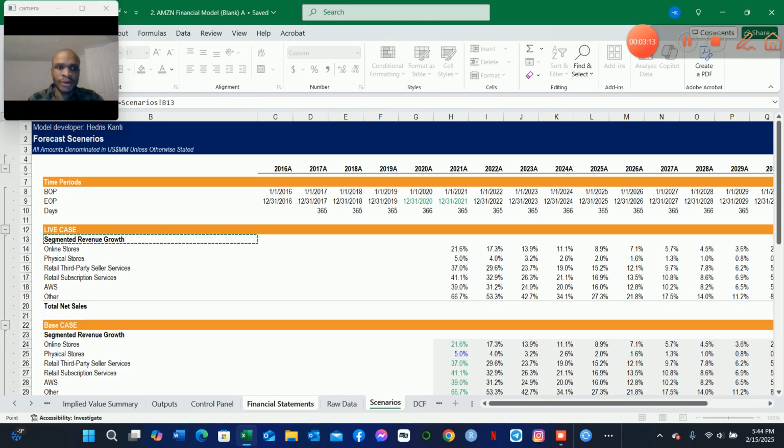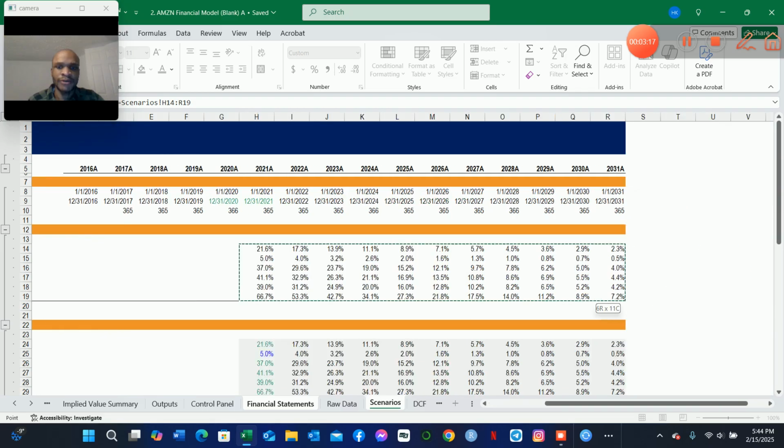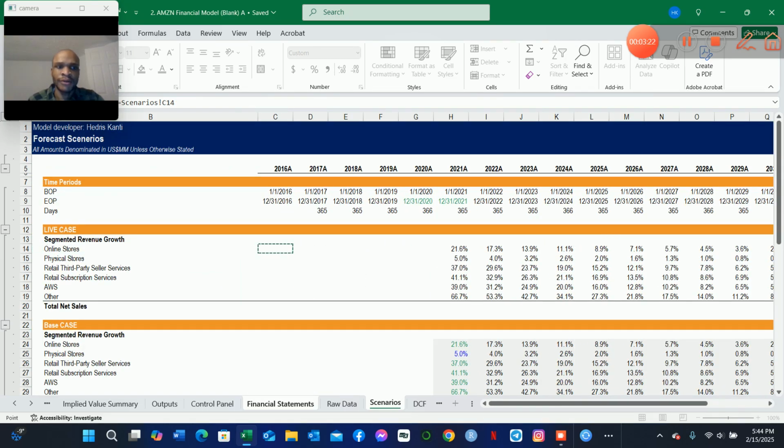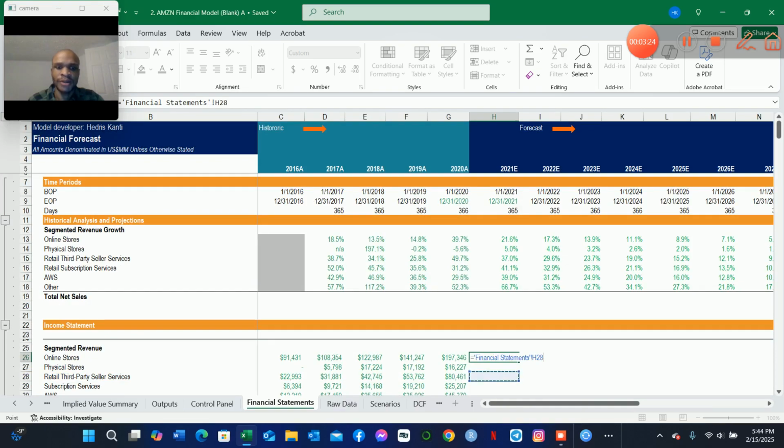As you can see in the live case here, we already determined the growth rate for the revenue. So we're going to go back, and revenue is going to grow by the live case, which we already determined.